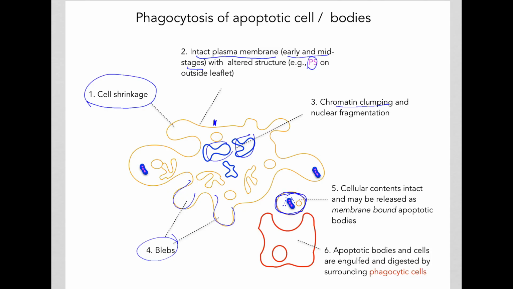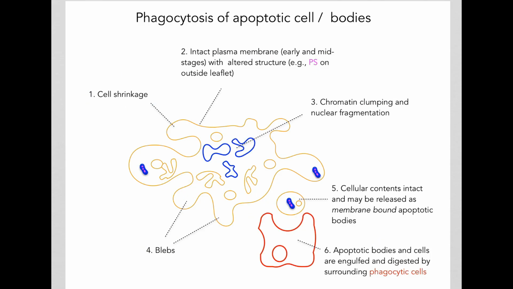And under a microscope, if you see this, you will see in vivo a lot of phagocytic cells such as macrophages that are being attracted to this dying cell and are ready to eat up the apoptotic bodies as well as eating up the dying cell.